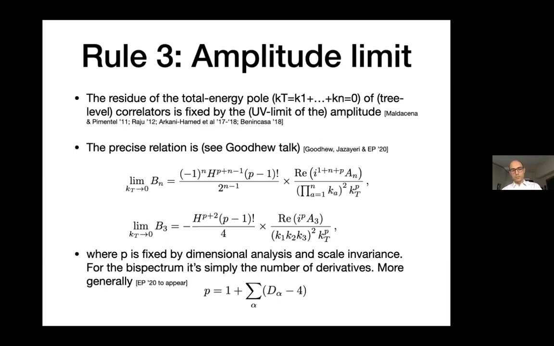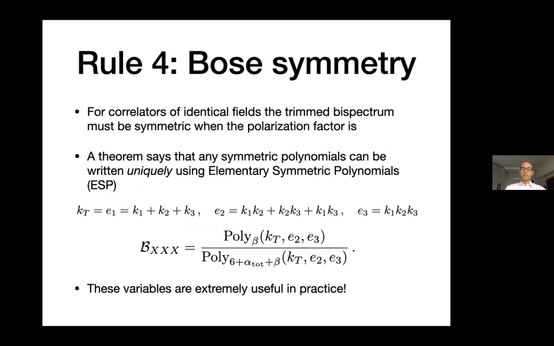So the 3 plus 1 minus 4 cancels. So p is only the number of derivatives. So this is really just a Taylor expansion in the effective field theory in the number of derivatives. P equals 0 is no derivatives, p equals 1, 1 derivative, and so on and so forth. This is going to be very powerful in the bootstrap that follows.